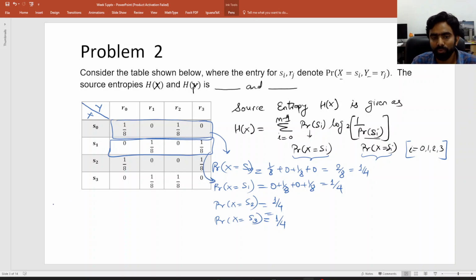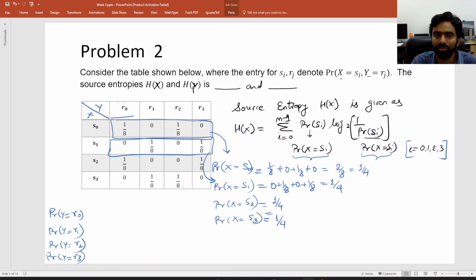And the probabilities corresponding to the symbol Y equal to R0, R1, R2, and R3 are found along the columns. For R0, it would be the sum of the probabilities along this column: 1 by 8 plus 0 plus 1 by 8 plus 0, which is 1 by 4.